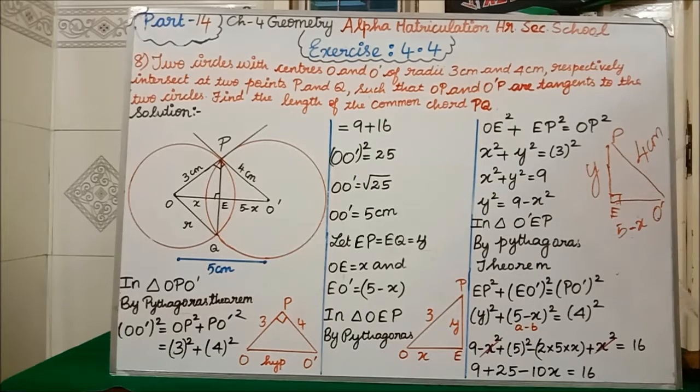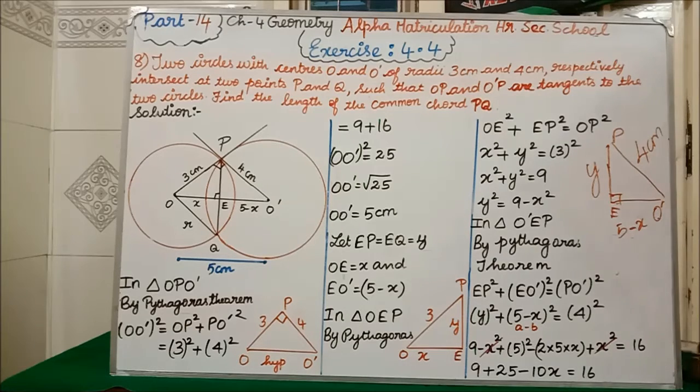I have written. Clear? EP square value is what? E to P is y. So y the whole square plus EO', what do we have? 5 minus x the whole square is equal to PO', which is 4 the whole square. Clear?